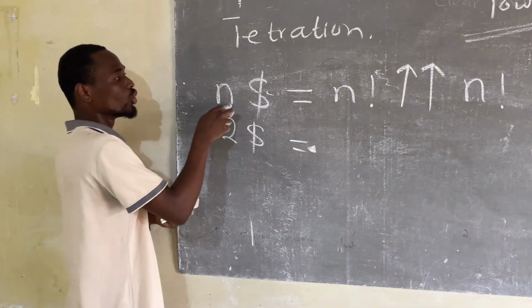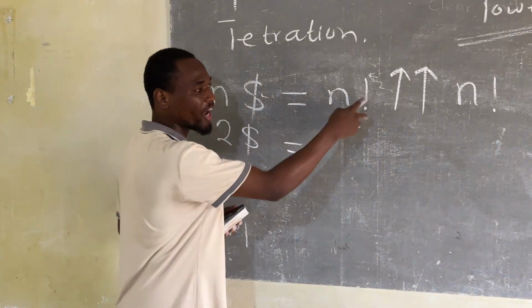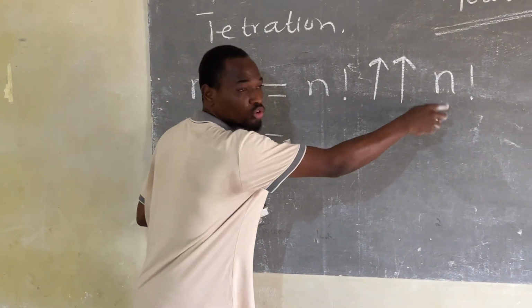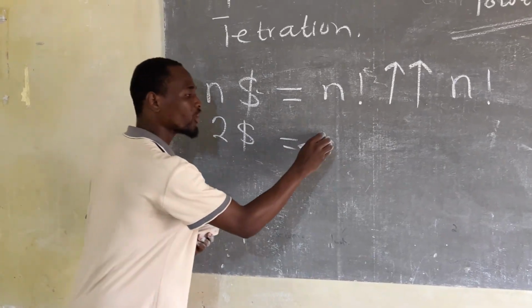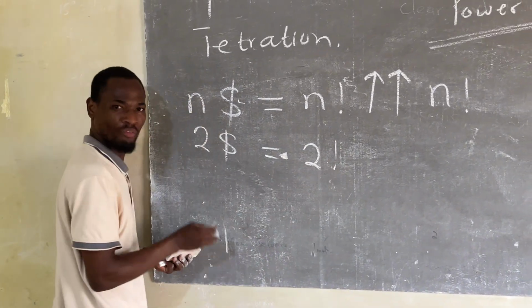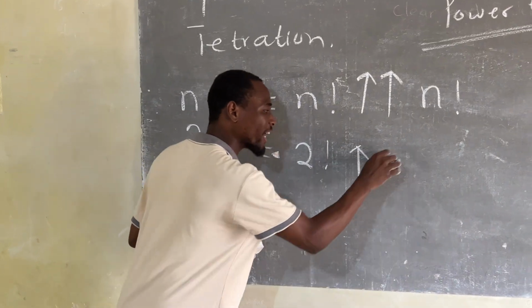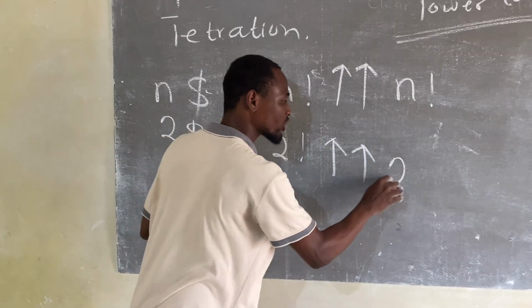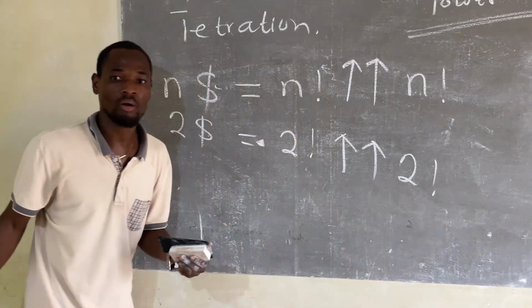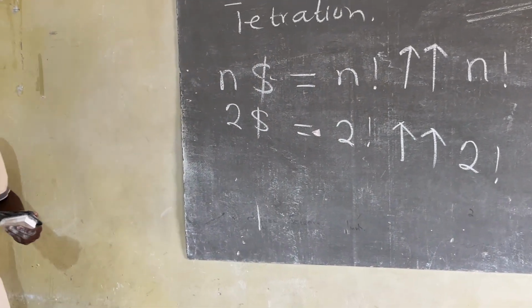You know that superfactorial of n is given by n factorial tetrated to n factorial. So what would I write? I write 2 factorial, tetrated to 2 factorial.